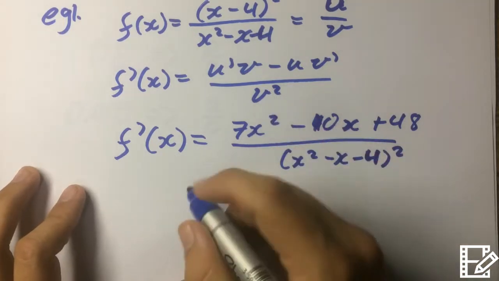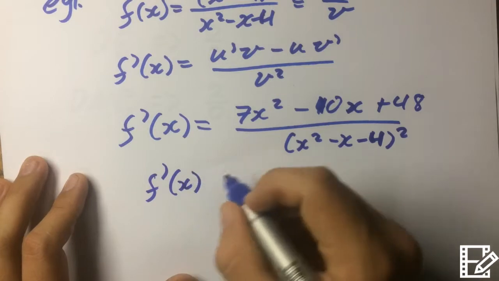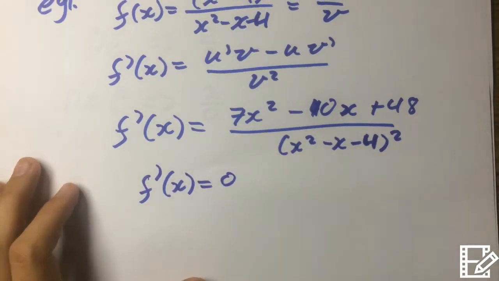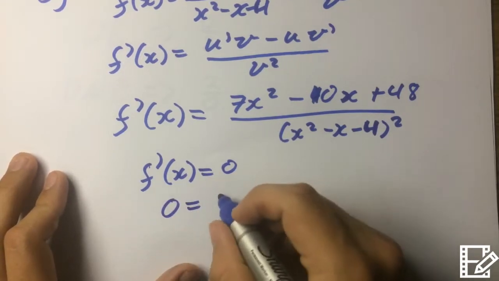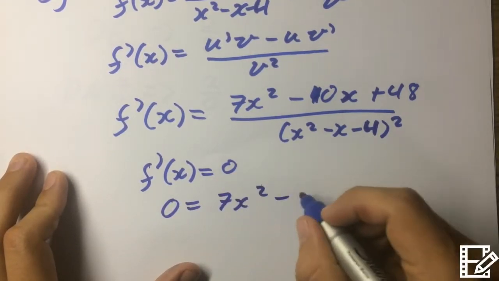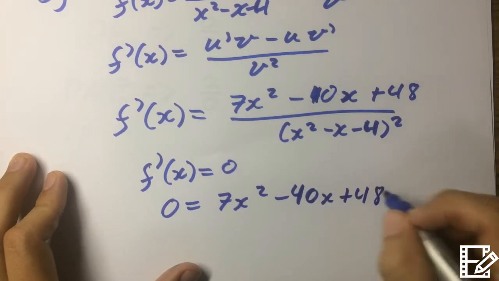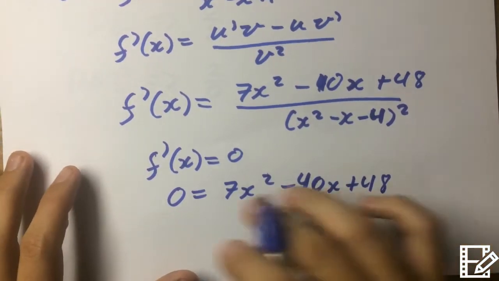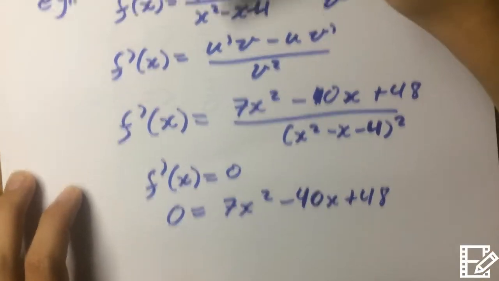That's what you get. Okay, so setting the derivative to 0 means that you will set the top to 0. So the top only. When you set it to undefined, you find the bottom is equal to 0, but we'll do that in a minute.